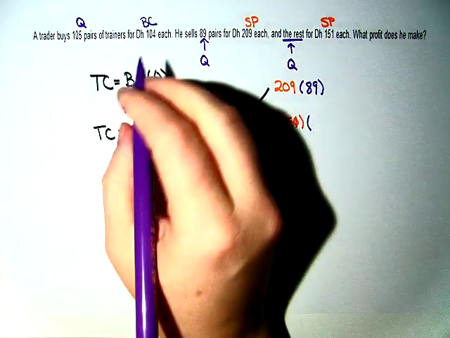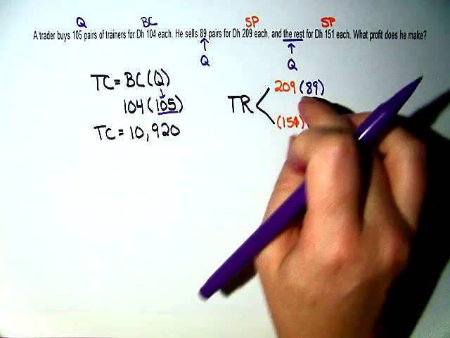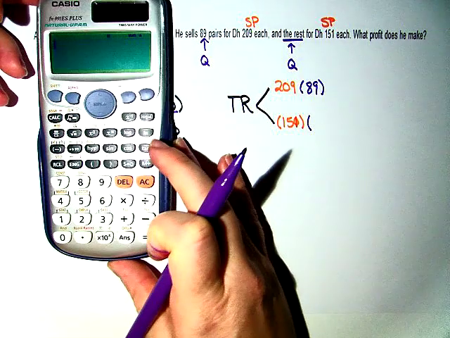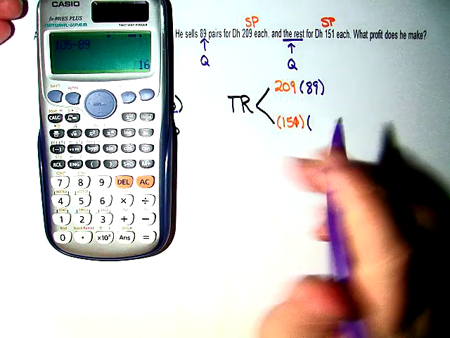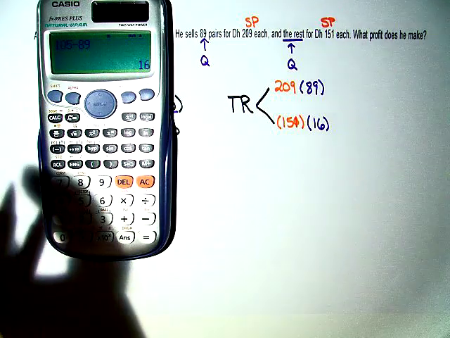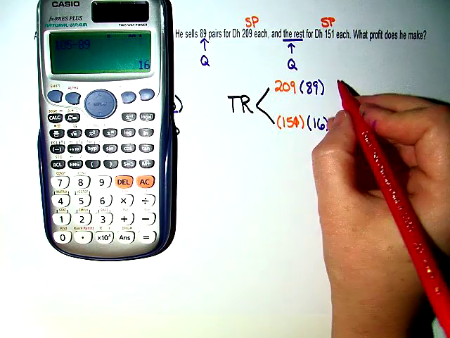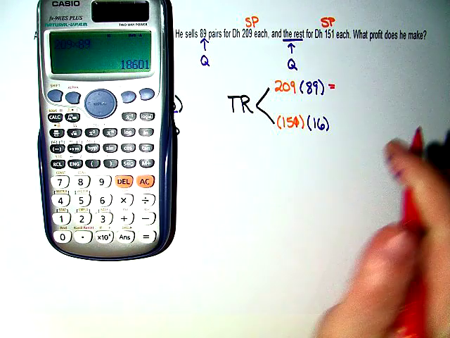We know that my quantity here was 105, and 89 have been sold. So if we subtract the two, 105, and subtract how many have been sold, we get that there are only 16 pair left.